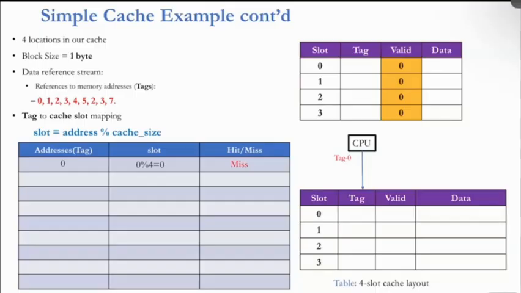So that gives the cache identification policy in direct mapped caching. Second, when there is a cache miss, the block from memory address 0 should be fetched and a copy held in the cache memory at slot 0. So that is the cache placement policy.